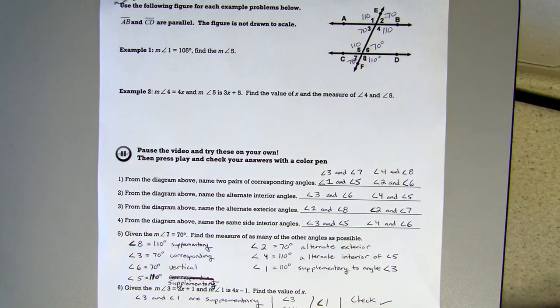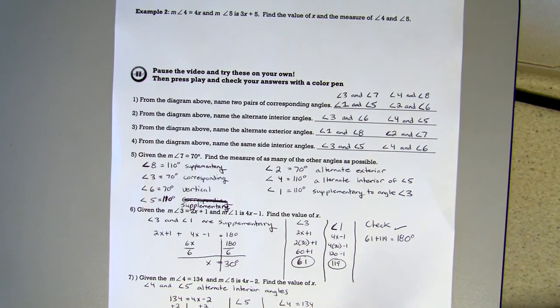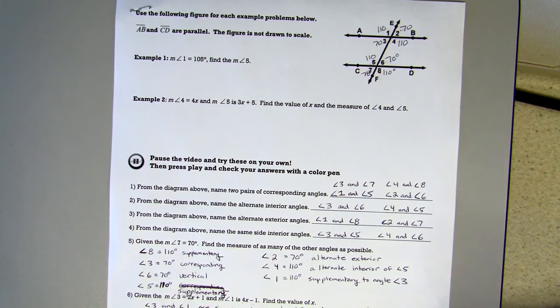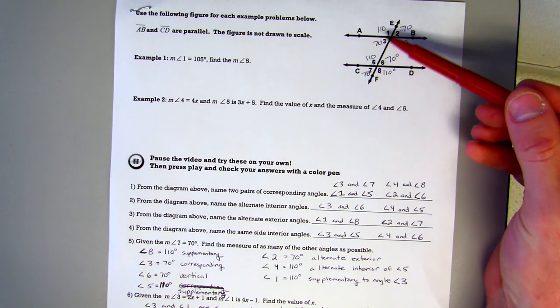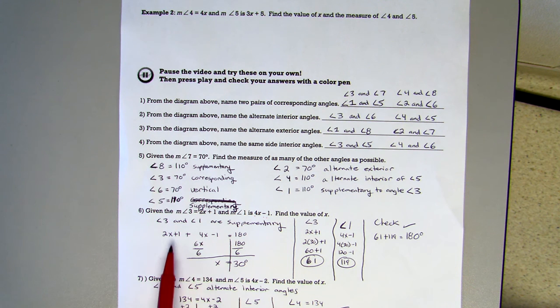Alright, so using the same method here, go ahead and answer question 6. We have, given that the measurement of angle 3 is 2x plus 1, and the measurement of angle 1 is 4x minus 1, find the value of x. So let's go ahead and look at where 1 and 3 are. 1 and 3 are actually supplementary. So I went ahead and took both of these and added them together to equal 180 degrees.